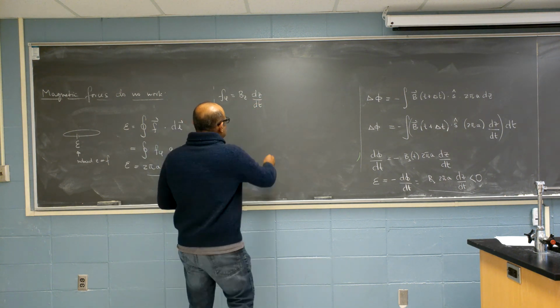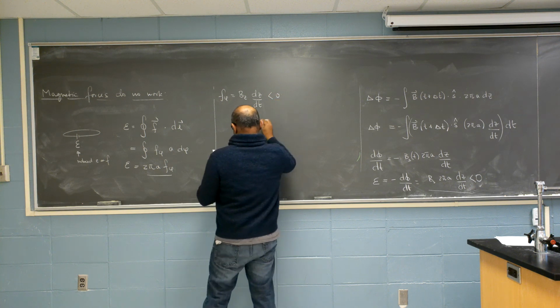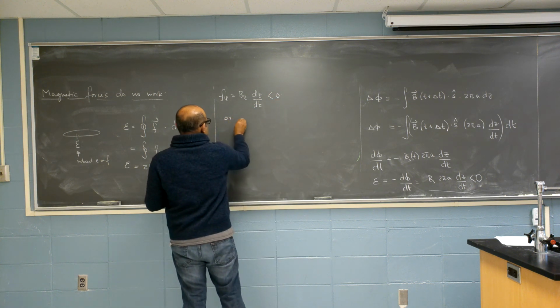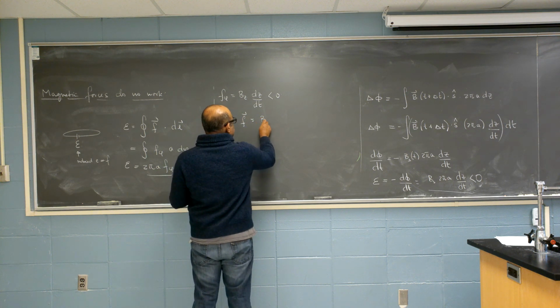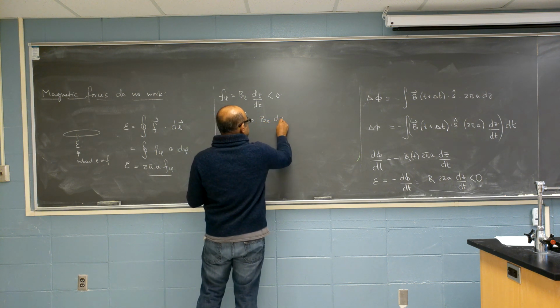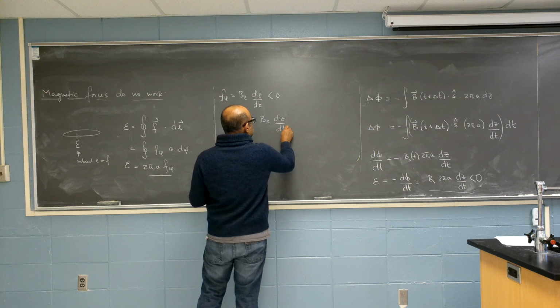Again, this is less than 0. Or as a vector, the force per unit charge is Bs dz/dt.